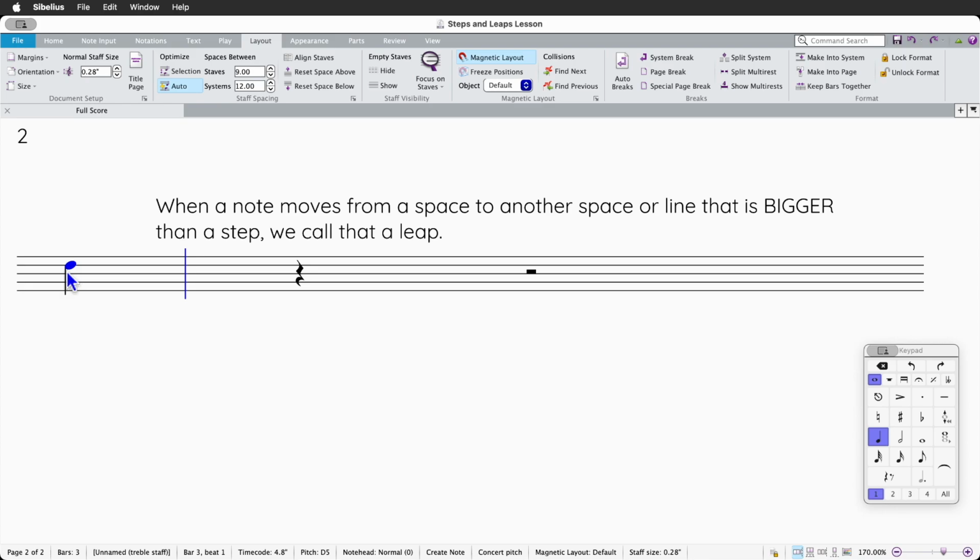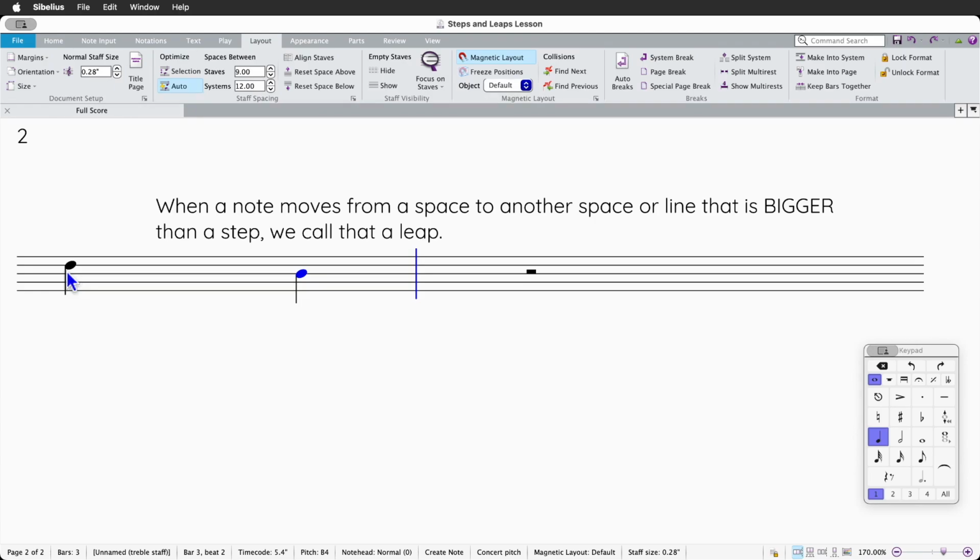And I don't know, let's go with this note below the staff. And there you go. As we talked about in the last lesson, you can extend staffs by adding extra lines above and below the staff. We call those ledger lines. More on that to come. But again, this is also a leap, and line to line there, also a leap. It's bigger than a step.